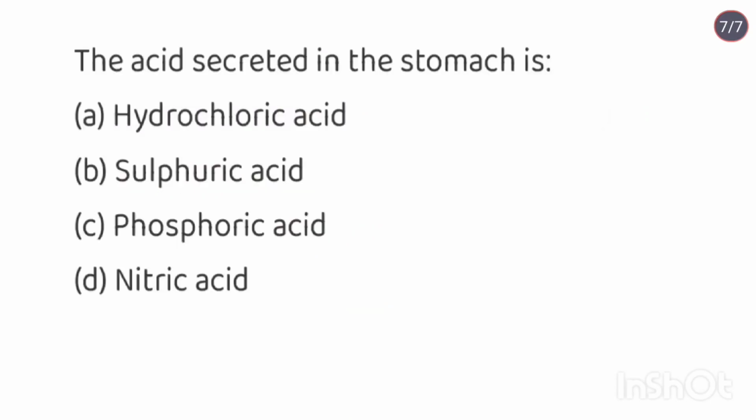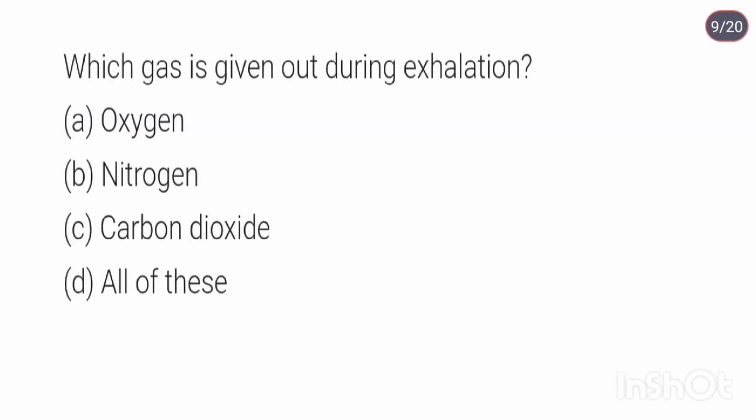The acid secreted in the stomach is hydrochloric acid. It helps to kill the harmful bacteria that may enter the food. Which gas is given out during exhalation? Carbon dioxide.